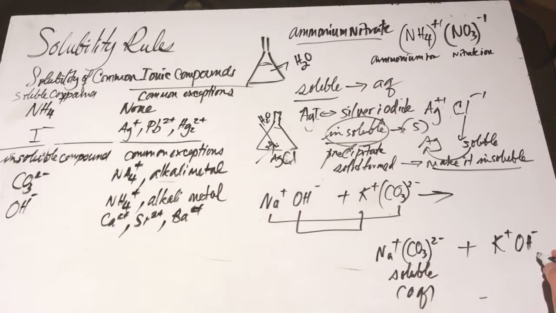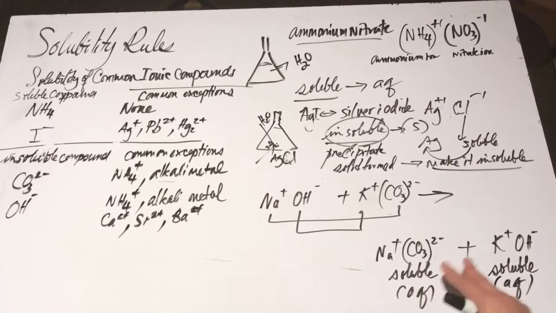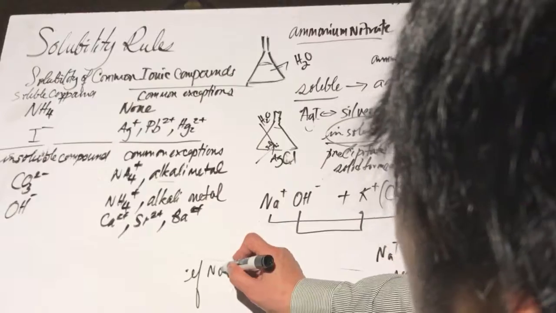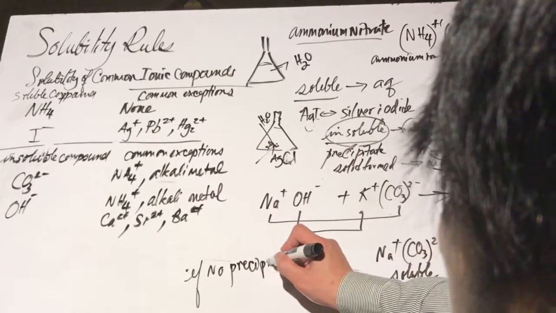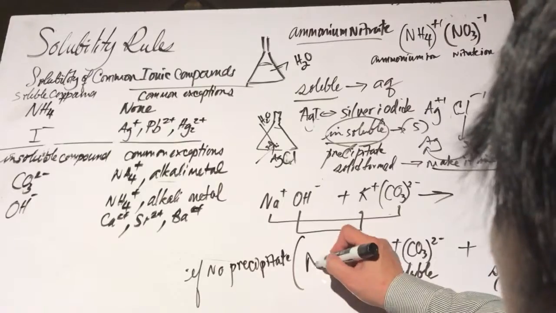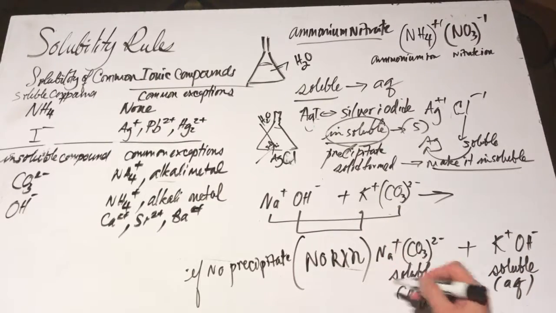This one makes it soluble because of the exceptions. So now I have two different soluble compounds, so I can't really distinguish. To answer the question, if there are no precipitates, I will write down no reaction for this one. So this is how you would do it.